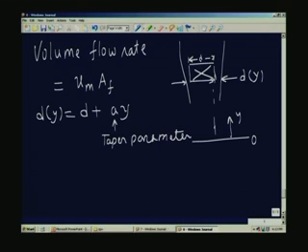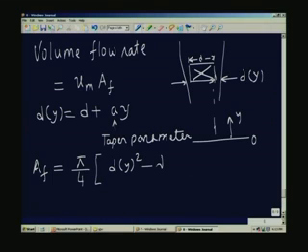So, I can say that the area for flow is pi by 4 into d at y whole squared minus d squared. That is just the area available here around the periphery of that circle. Okay, that is the annular area. So d of y whole square, I can square this.